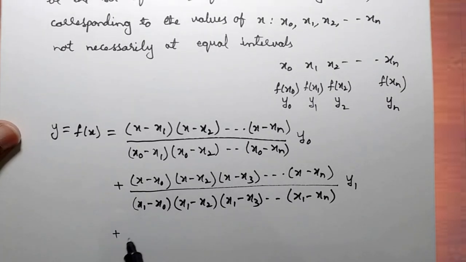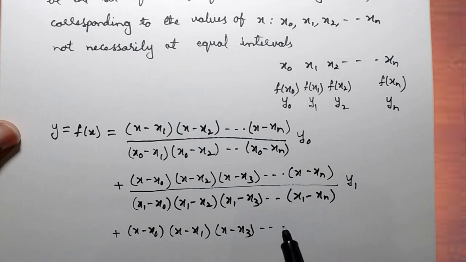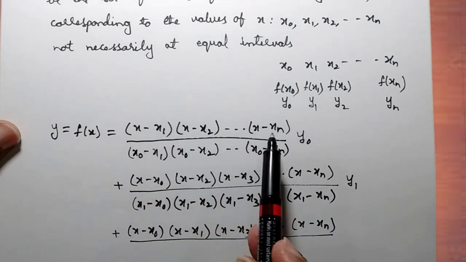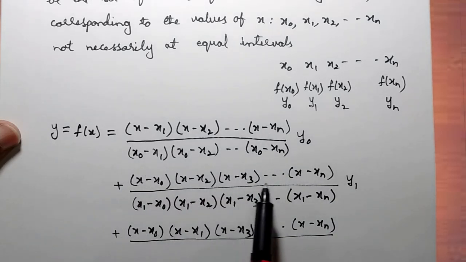Similarly, let me write one more term: x minus x0, x minus x1, x minus x3 and so on, x minus xn, divided by. Now you can see in the first term x0 was missing, in the second term x1 was missing in the numerator. Now x2 will be missing. See, x minus x1, then x minus x3. So x2 is missing.